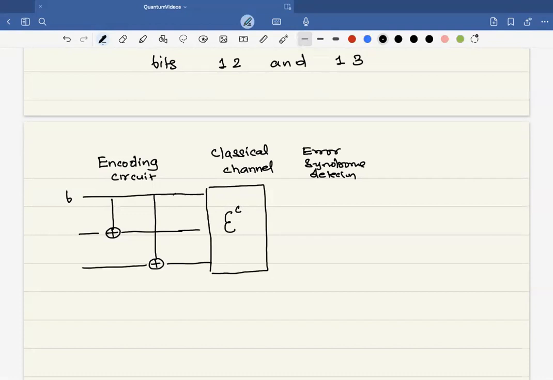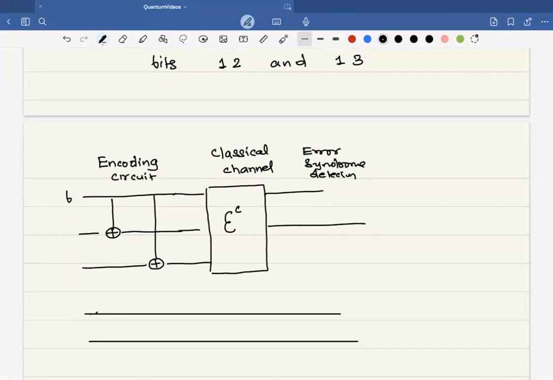So over here, we'll use some extra ancilla bits. So let me have some ancilla bits. So 2 bits of ancilla. And then I have this, so I'm going to do this. So this is a C0 gate. So these two C0 gates do the parity check on the first and the second qubit.